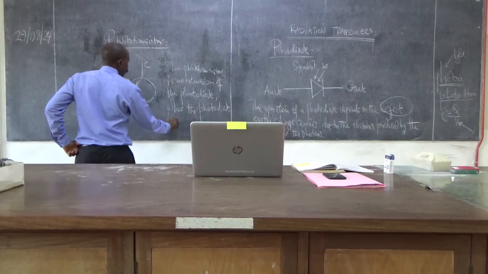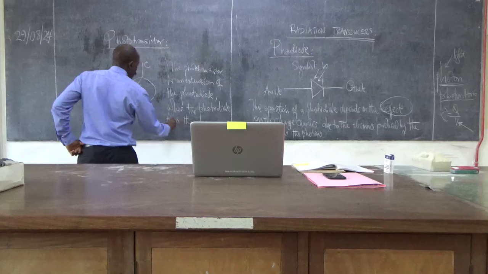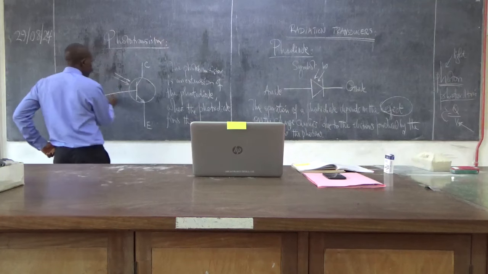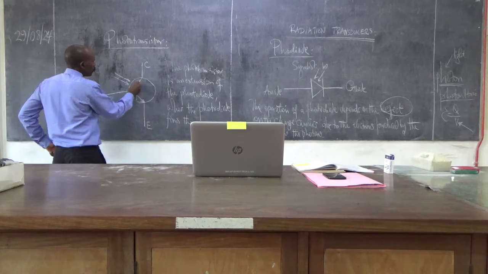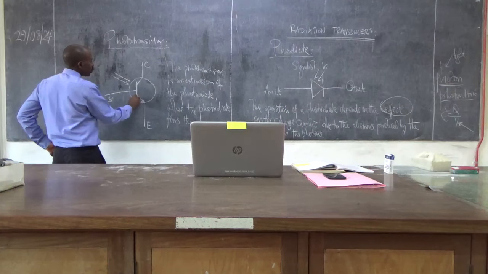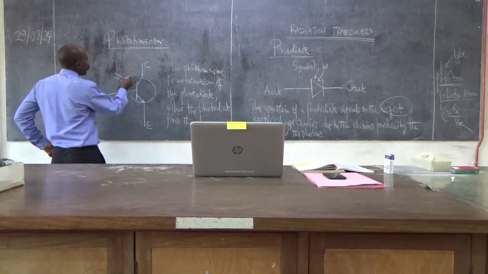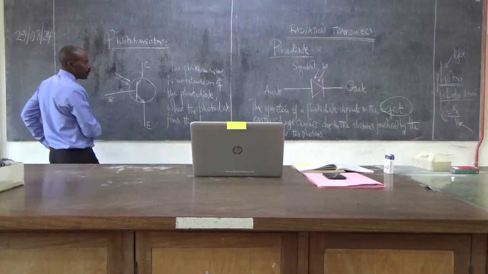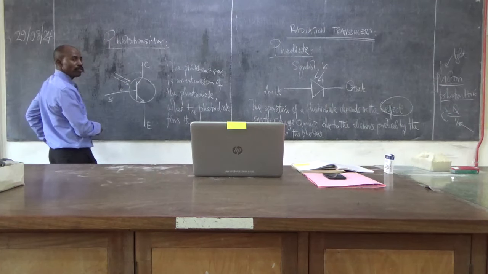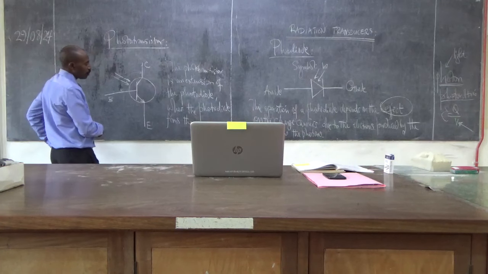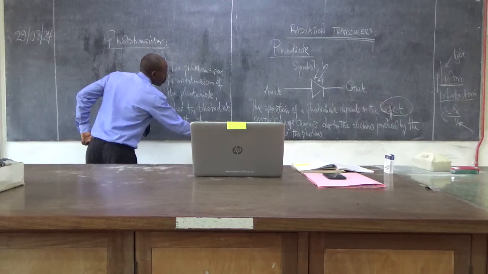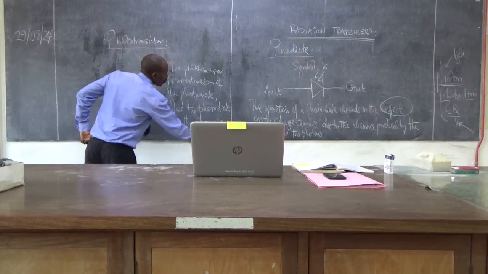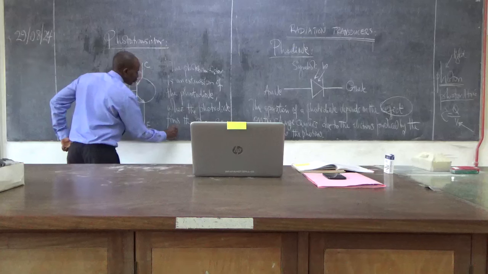If you look closely, this is the junction here. This part here is where we have our photons around, forming the base collector junction.